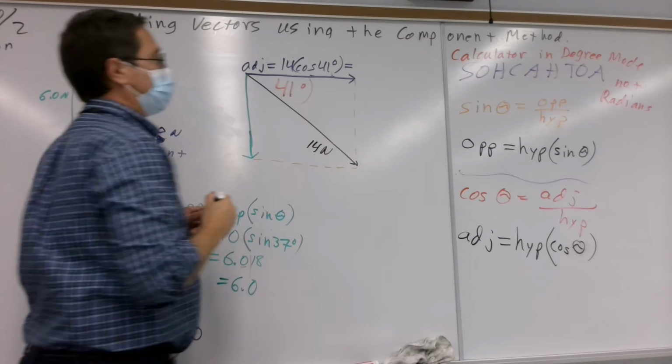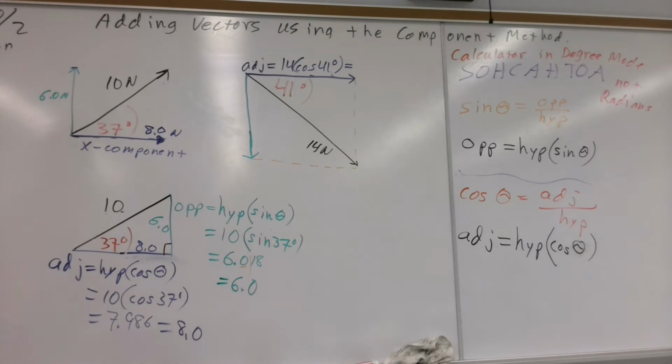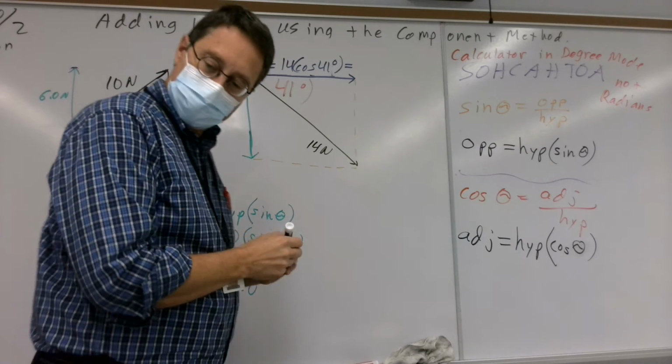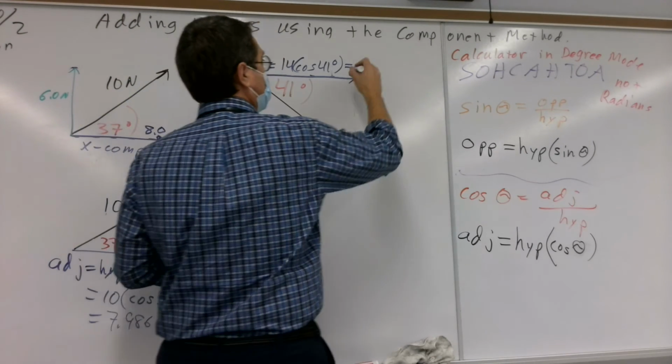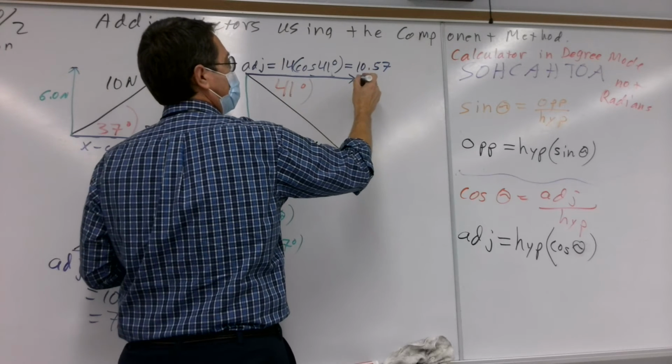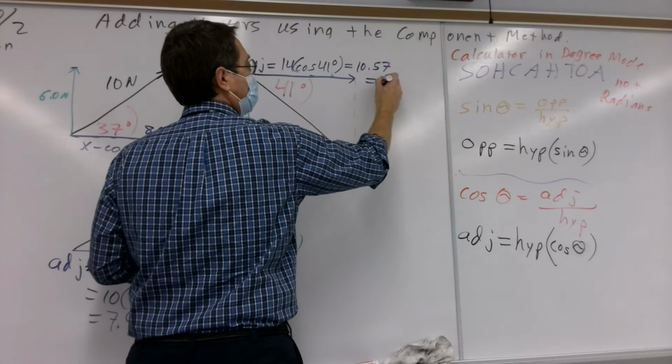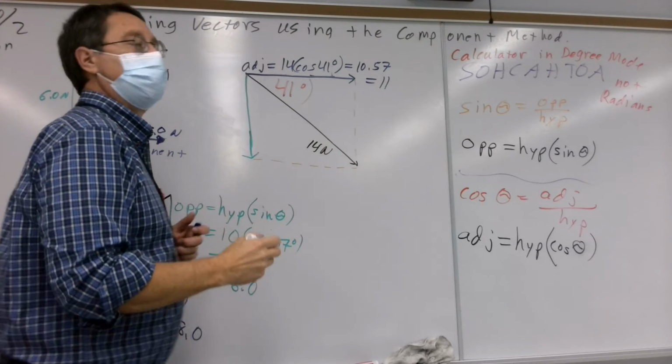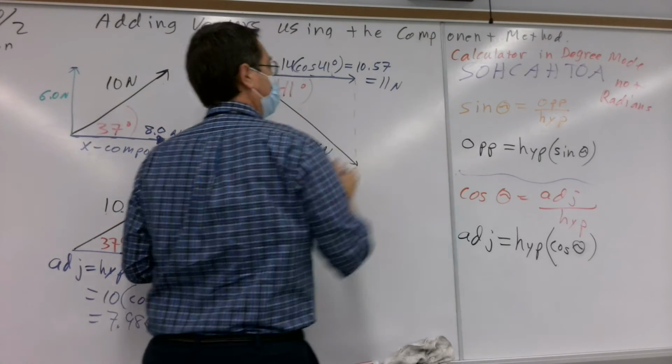And how much will that be? 41 cosine times 14. I've got 10.57, but again, we want to round to 2 sig figs, so how much? 11, is that right? 11 newtons. Good?